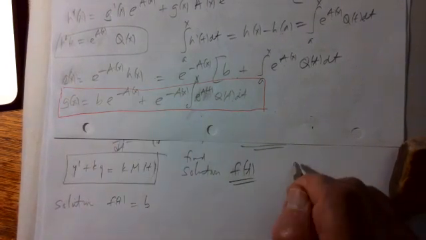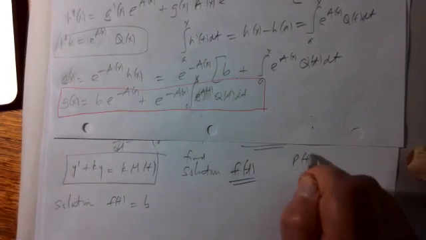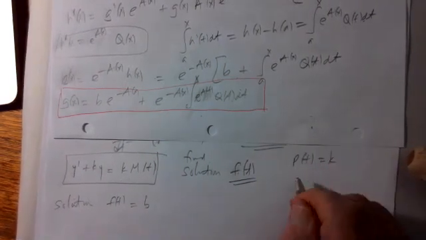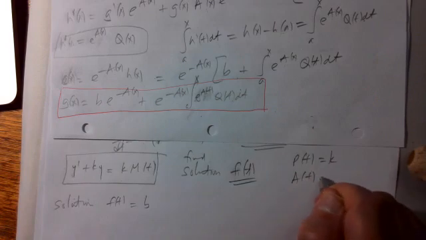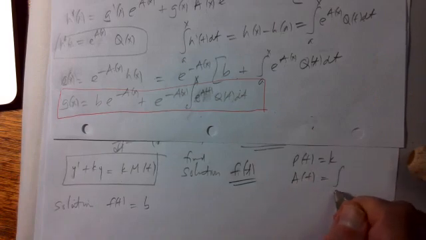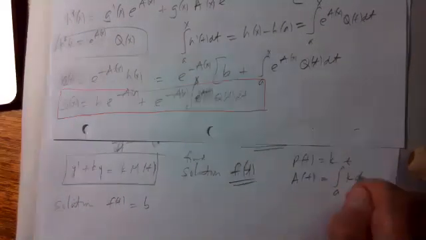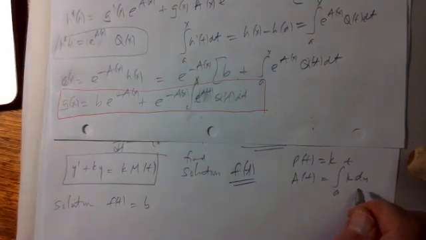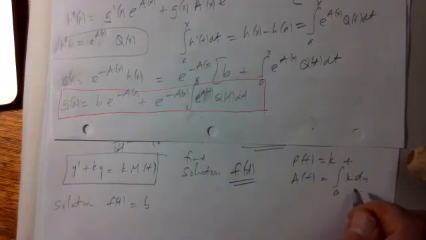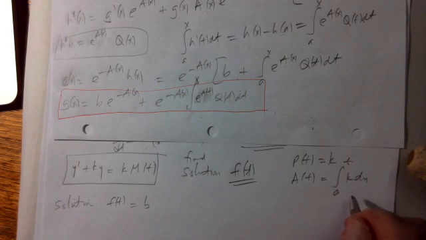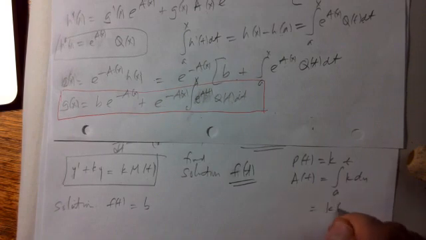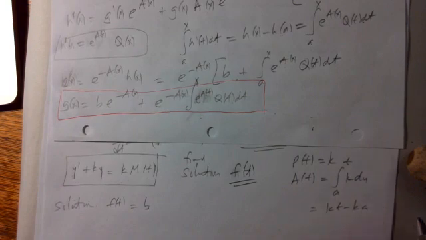So what is my function p? p of t is just the constant k. a of t is the integral from a to t of k du. That's just equal to kt minus ka.